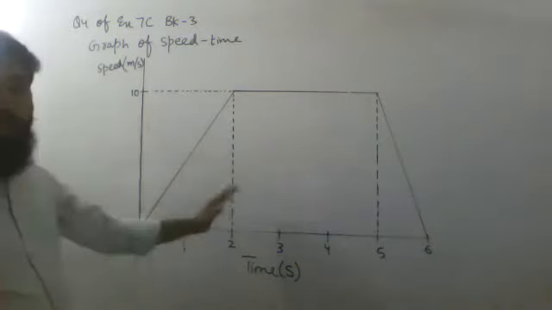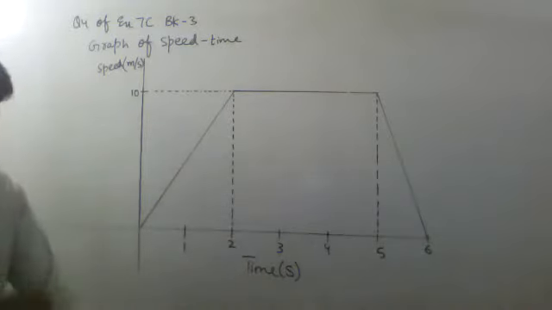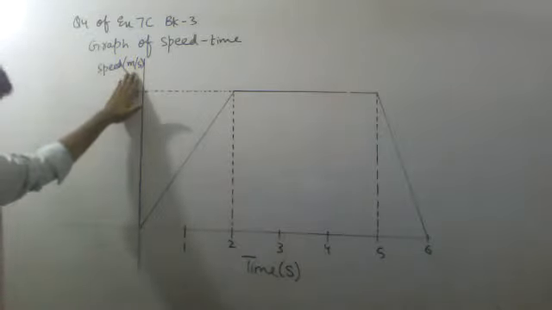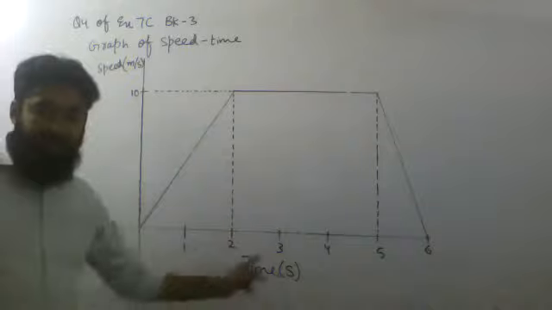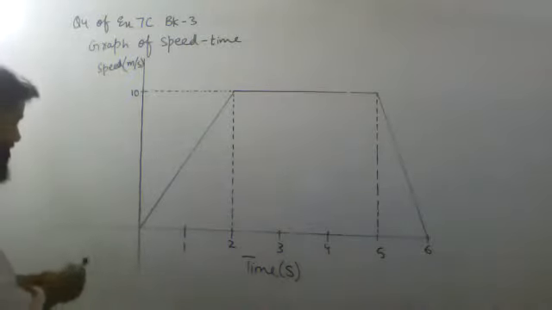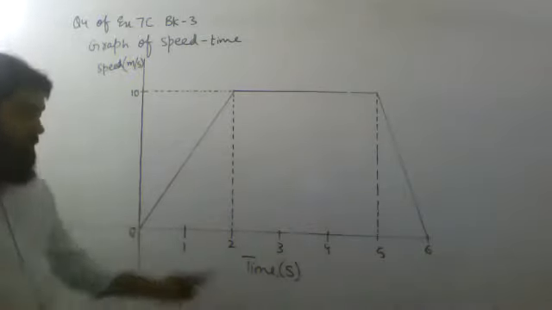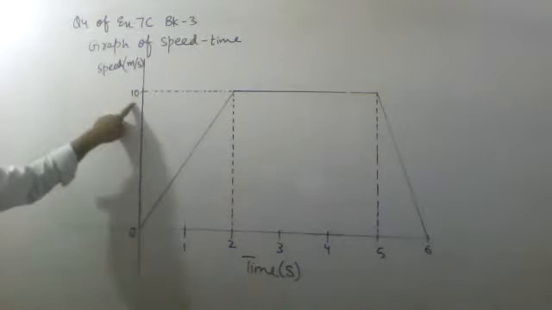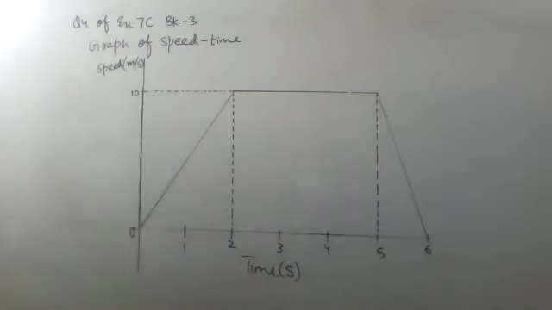This is the graph which is given to us in the book also. It's a speed time graph. Speed is given in meter per second and time is given in second, starting from 0 till 6, and this is from 0 to 10 meter per second as it is given in the book.